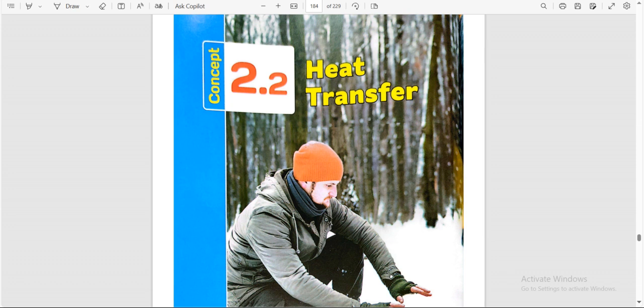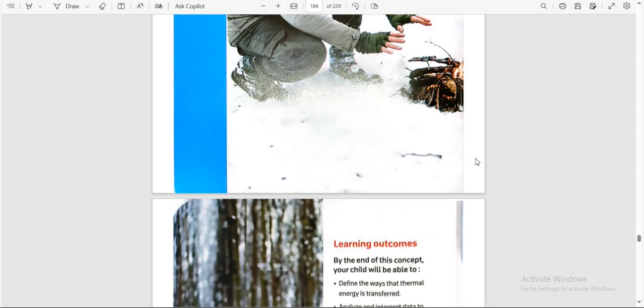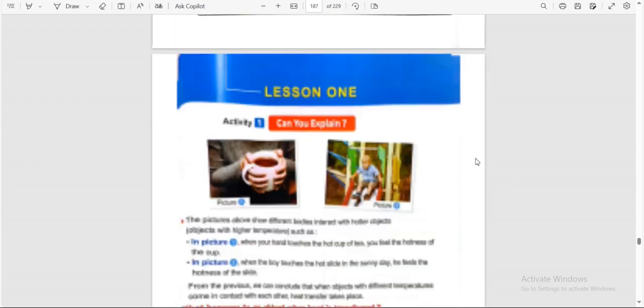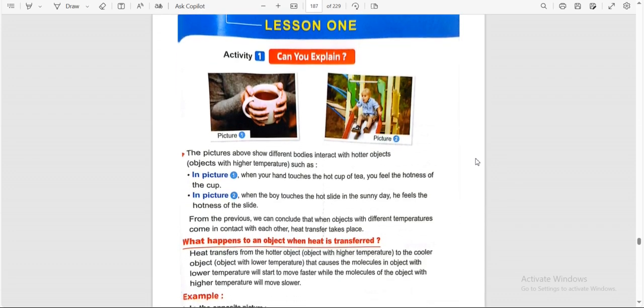And we learned that thermal energy is the sum of kinetic energy inside of a matter. So it's the sum of the kinetic energy of all the molecules and the particles inside this matter. This way we learned a new thing about heat and how heat transfers. So this concept is about exactly that, heat transfer.